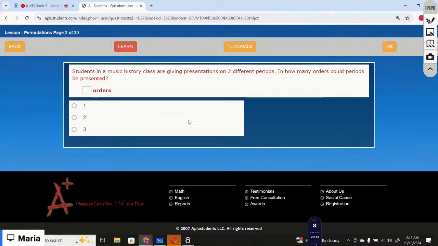The correct option is 2. 2 factorial is 2. You have 2 different periods, so you just have to do 2 factorial. That is 2. The correct option is 2.